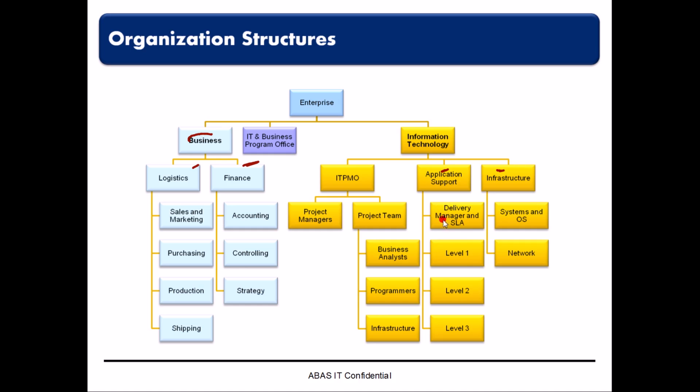Underneath, he has different levels of resources. We call them level 1, level 2, and level 3. These levels depend on the different skill sets of the people who are going to support that, and they are based on the ITIL framework, as dictated by the United Kingdom Governance Office.